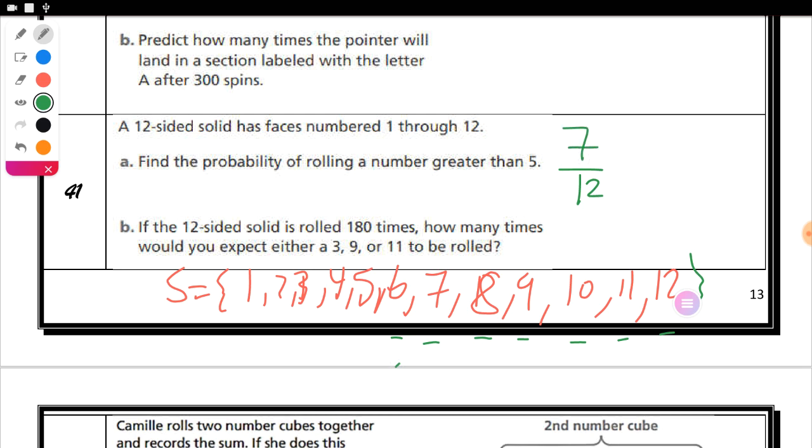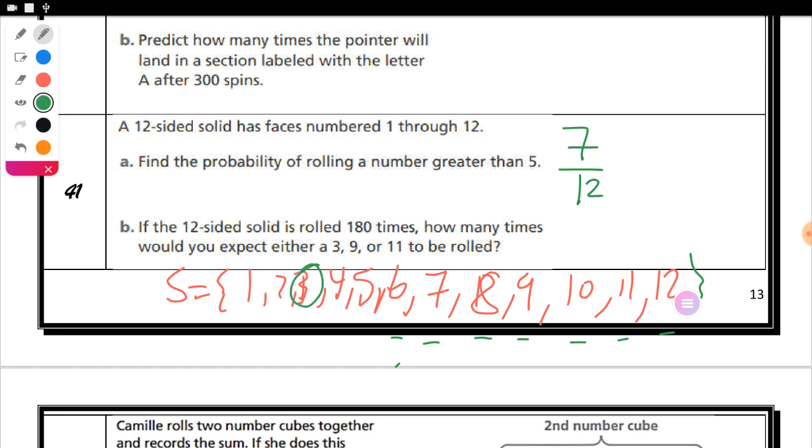Okay? If the 12-sided solid is rolled 180 times, how many times would you expect either a 3 or 9 or 11 to be rolled? 3, 9, 11 appear only one time here.